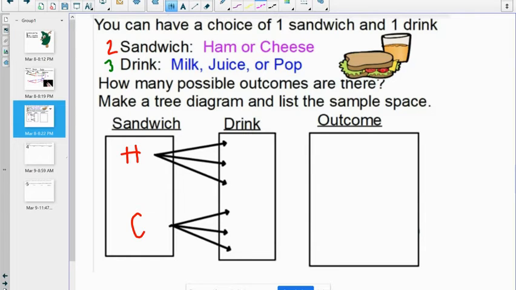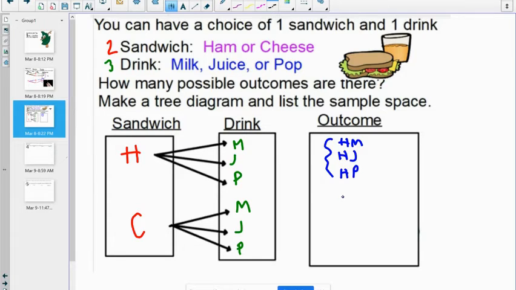Now we have a drink choice. We can either have milk, juice, or pop if we picked ham. And if we picked cheese, you have the same drink choices: milk, juice, or pop. And our outcomes, I'm just going to write over here in blue. Ham and milk, ham and juice, ham and pop. Those are our 3 options if we were to choose a ham sandwich.